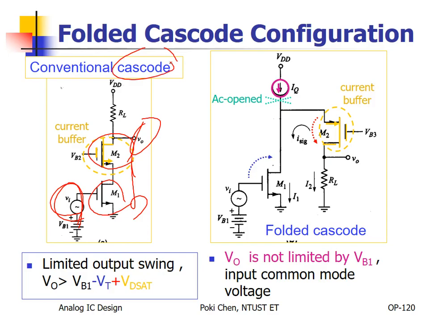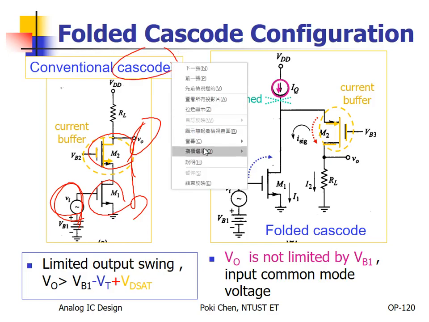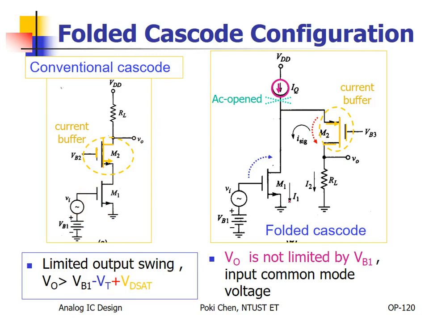But there is a problem. Because the transconductance transistor, the input transistor, and the cascade transistor are of the same type, the lower limit of VO will be limited. I mean for NMOS. If they are PMOS, then the upper limit will have some problem, right?